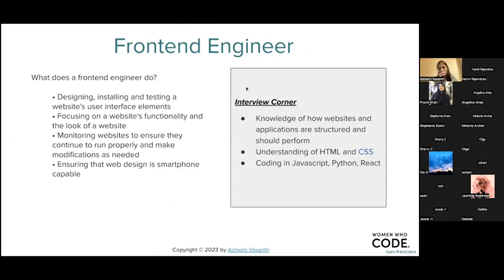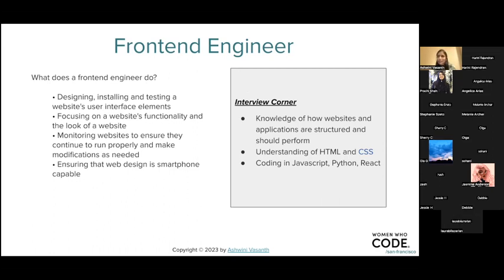To summarize and go a little deeper on what a front-end engineer does, it's of course building the website, but also thinking about it from a usability and user interface aspect. And this piece often gets ignored, but you also need to monitor the website and ensure that it runs properly.